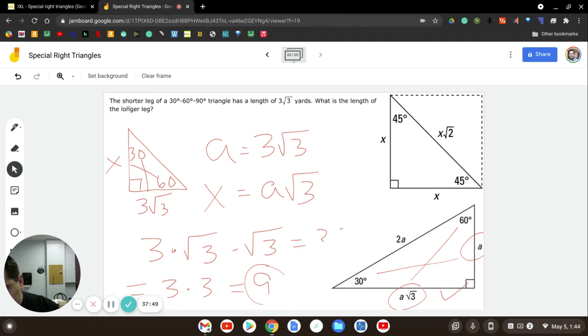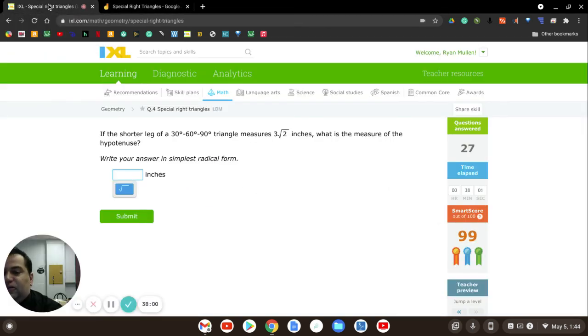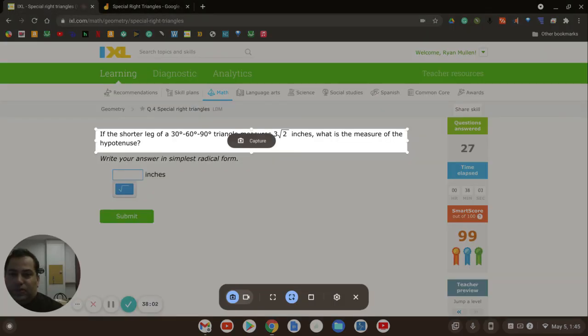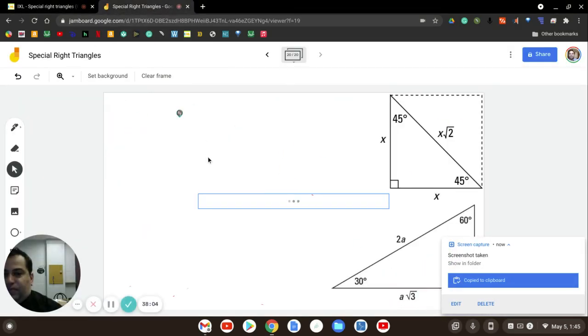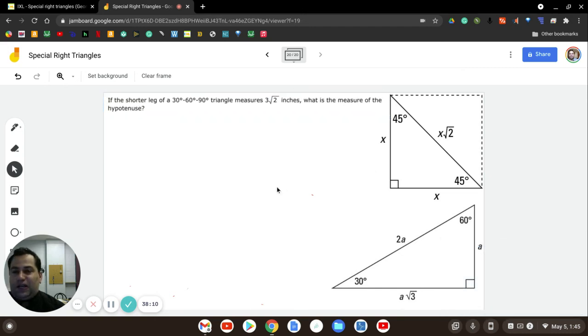Clean up this space here. Paste this in. This problem says the shorter leg of a 30, 60, 90 triangle measures 3 square root of 2.